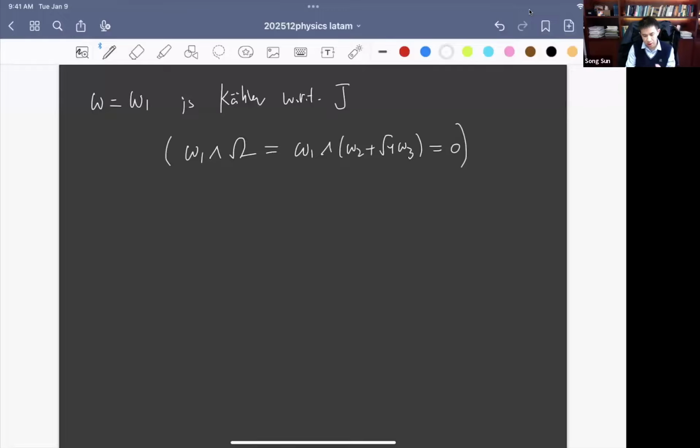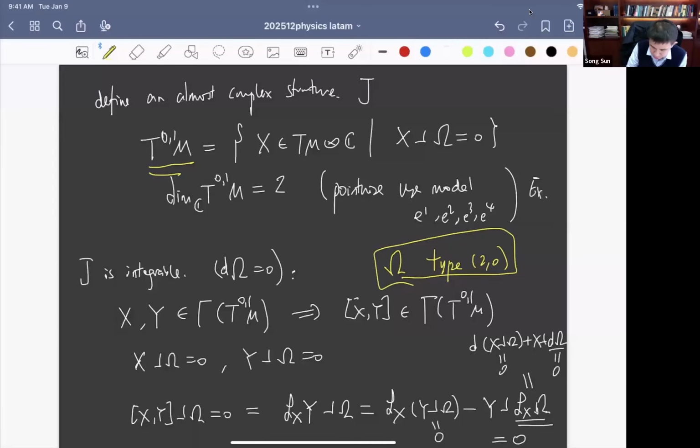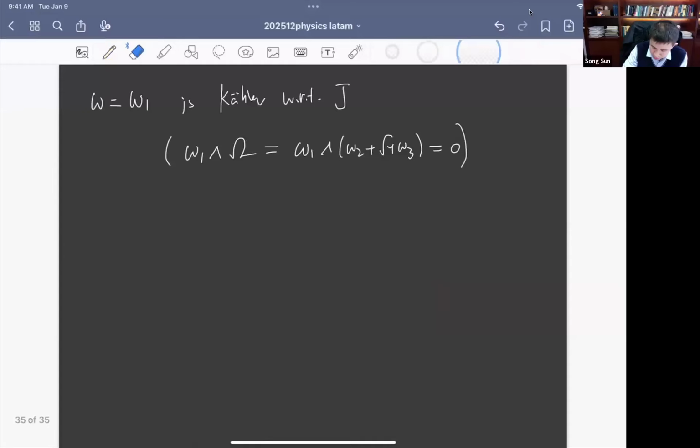All right, but by definition omega will be of type 2,0. That's why we define the 0,1 vectors by contracting with this omega. You can think of it as a holomorphic two form. And this little omega, omega 1, is the Kähler form.